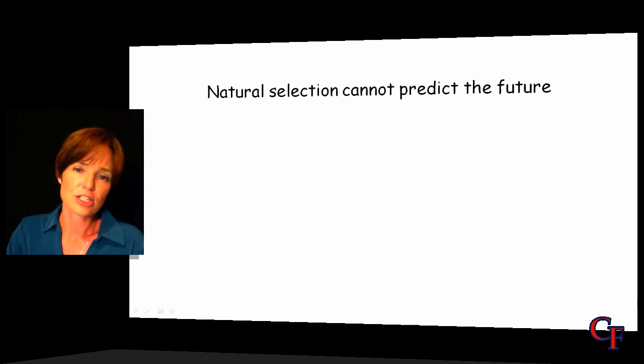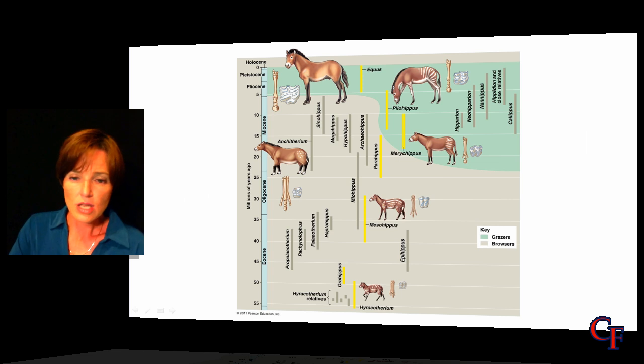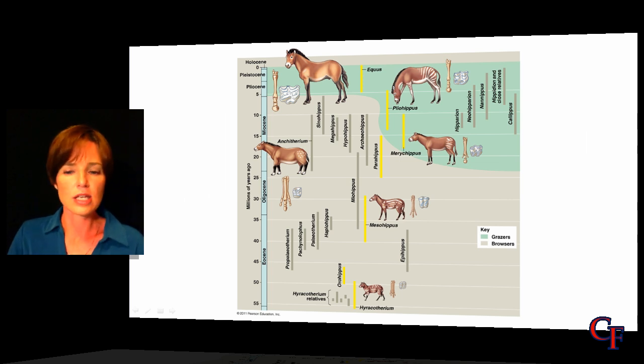Keep in mind that natural selection cannot predict the future. So we said it's not a goal-oriented process because we don't know what the environment's going to be like in the future. So we don't know what phenotypes are going to work well for that environment that's to come. So we can never predict that. And if you look at any one kind of evolutionary tree, and here we have the one of horses, we see that over time there were a lot of different horses, or horse type species, that evolved.